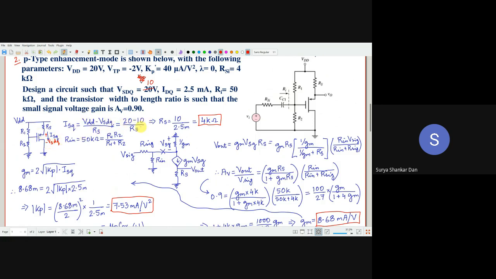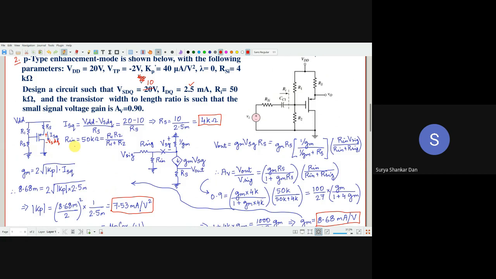That means 20 minus 10 by RS. Now, RS is not provided. Remember, RS is something which you have to figure out. That is a circuit design problem. But ISQ or IDQ is given in the question. So that is 10 by 2.5 milli, that is 4 kilo ohms. Okay, so that is one of the answers.